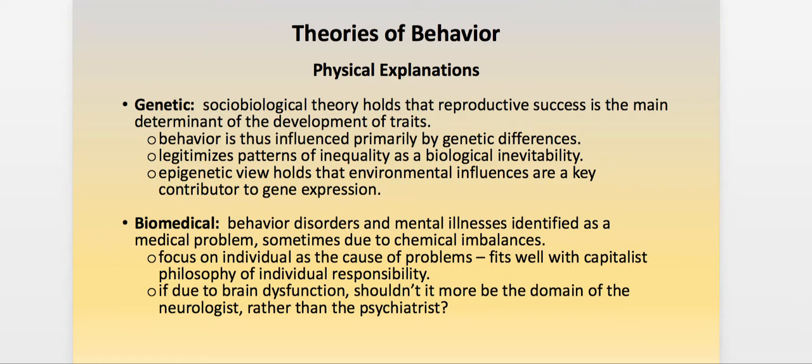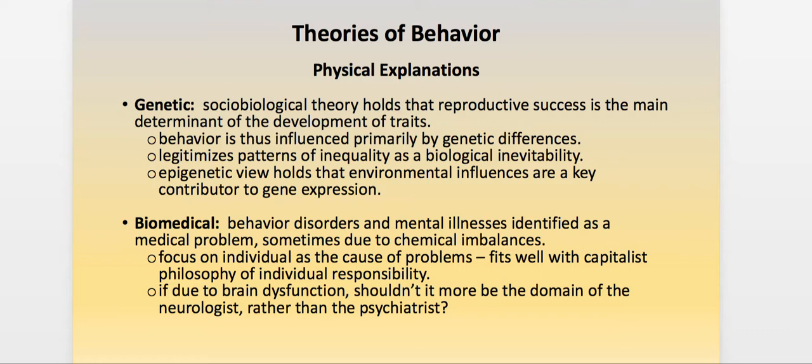It just so happened that the shape of the skull associated with lower intelligence was the shape of the African skull. A lot of things like that can be turned against people. Especially given that we're talking about hardwiring, this theory can wind up blaming the individual and pigeonholing people.